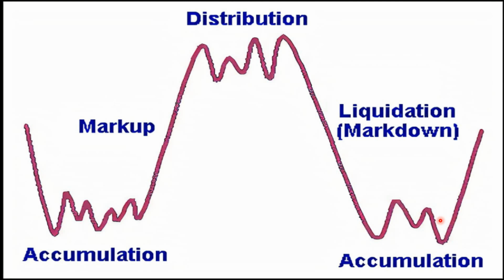These are 4 simple phases of market which we have seen: accumulation, markup, distribution and markdown. Accumulation and distribution are usually trading ranges, like we can see here, it is a trading range. So accumulation and distribution are usually trading ranges which either lead to upside breakout and markup phase or downside breakdown and markdown phase.